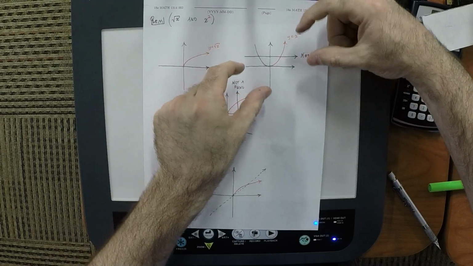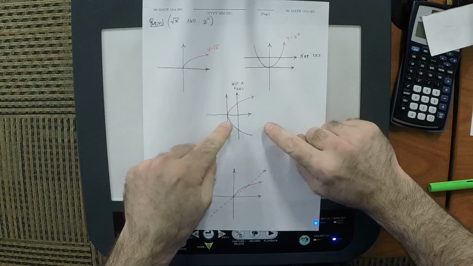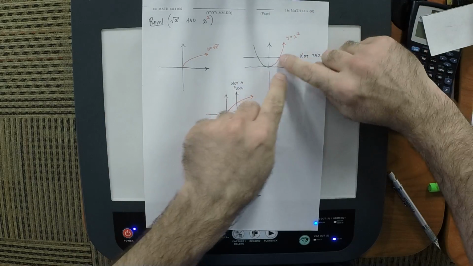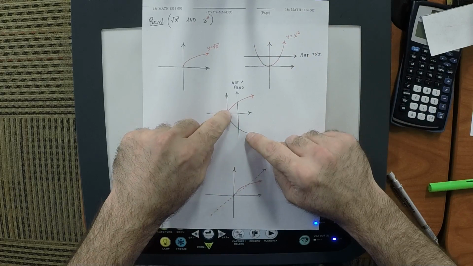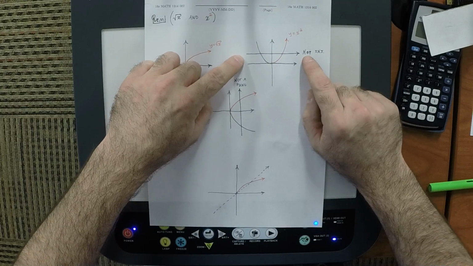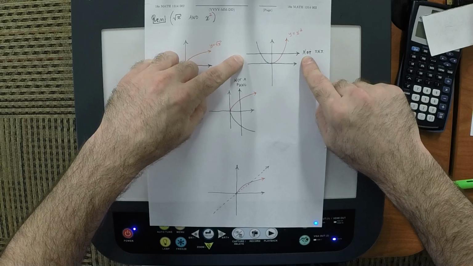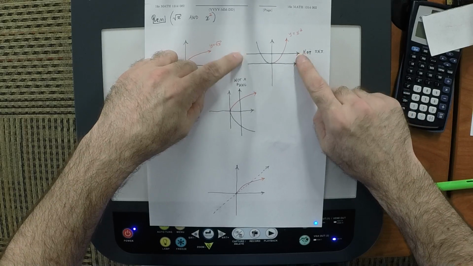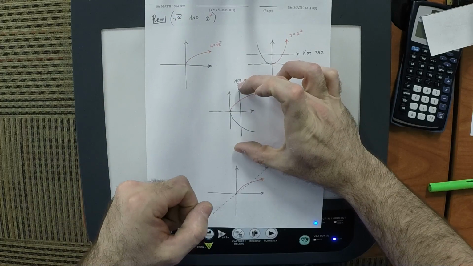When you take this red and twist this one so that it would lay on top of that, the red twists to here, the green twists to here. My question is, this line that's saying not injective, where does it twist to? Where does this line go? It's that line.